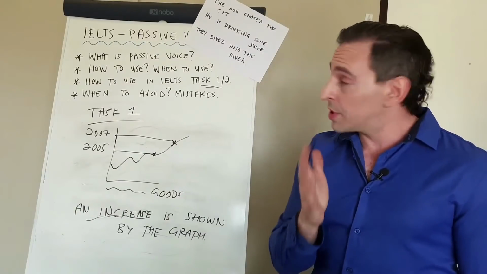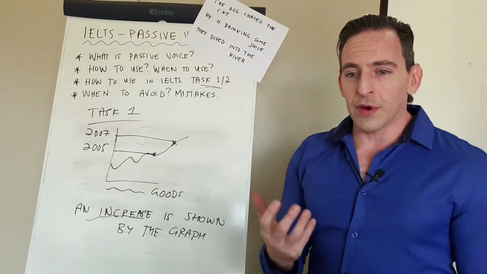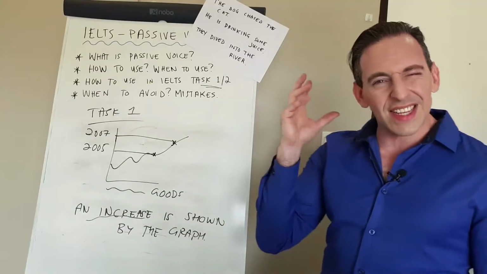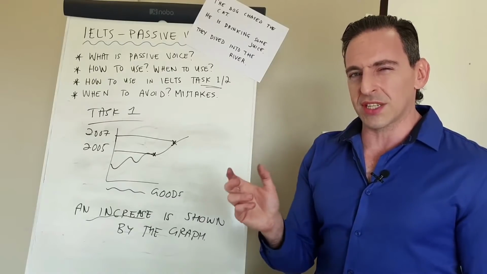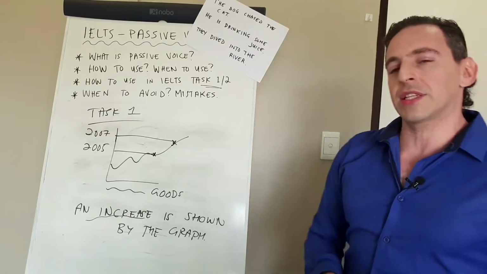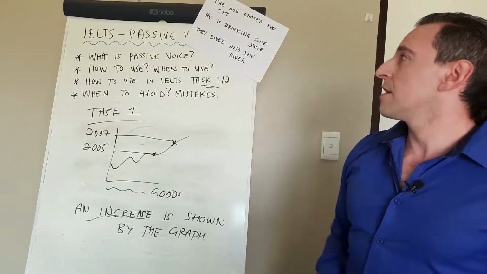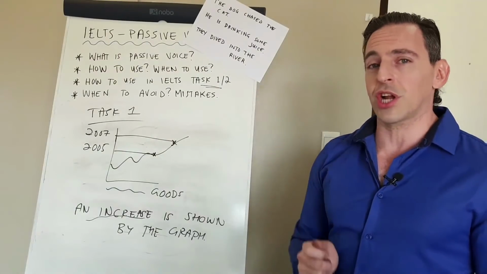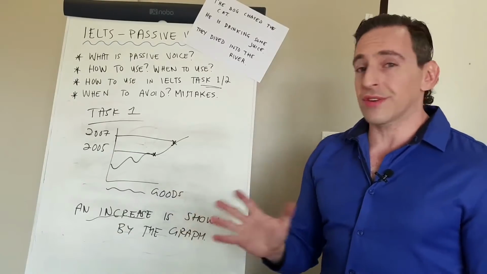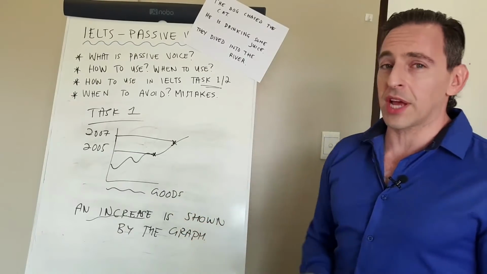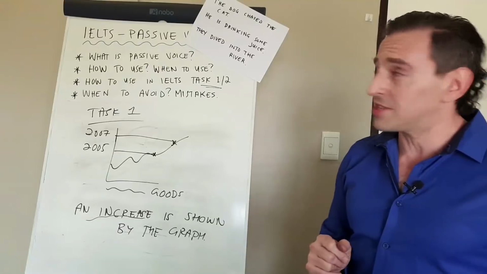So yes, we could easily write it, the river was dived into by them. But again, it doesn't sound right. We've got into, by, two prepositions next to each other. It's an intransitive verb. So this one, they dived into the river, we shouldn't change. We should leave this as active. Obviously, you can try, but it's an intransitive verb. We should leave it as it is.